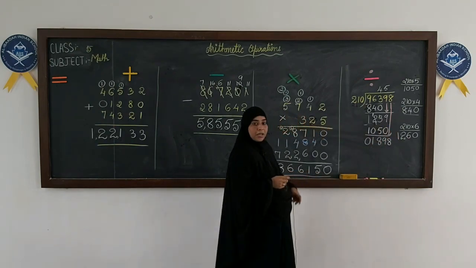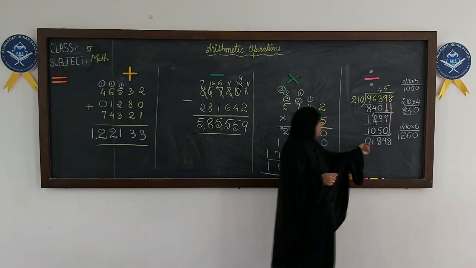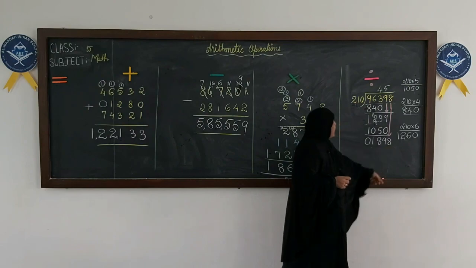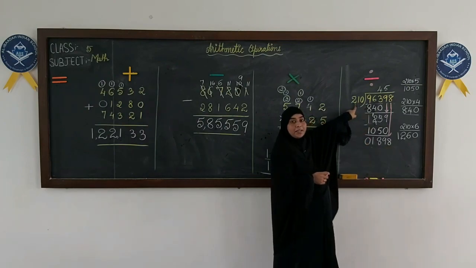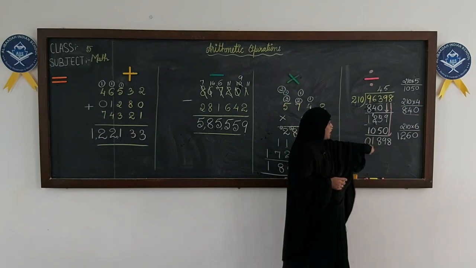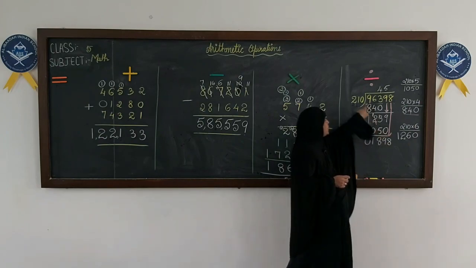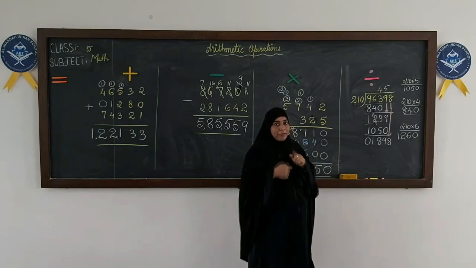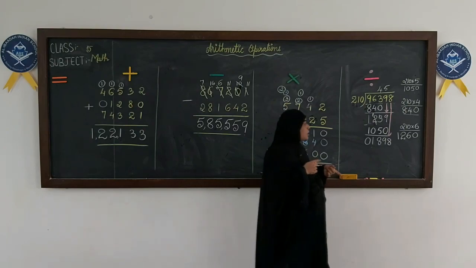Okay, what is the number now that we have got? 1898, sorry, 1898 divided by 210. Okay, so we have to divide this 1898 by 210.